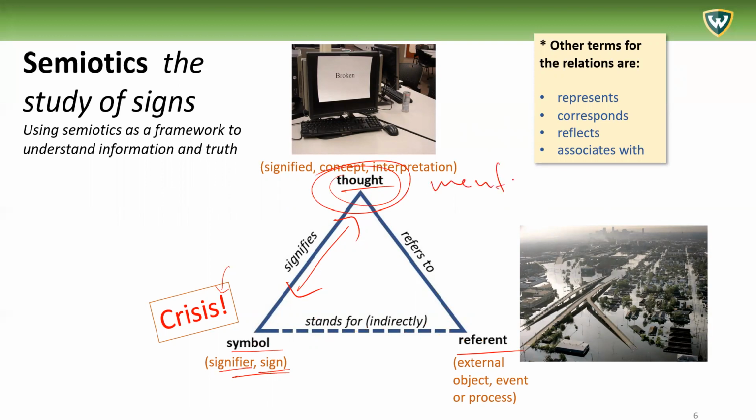Some people call this a mental model. So usually you don't just have a symbol and then the symbol directly refers to an object. People will have an interpretation of it in between.